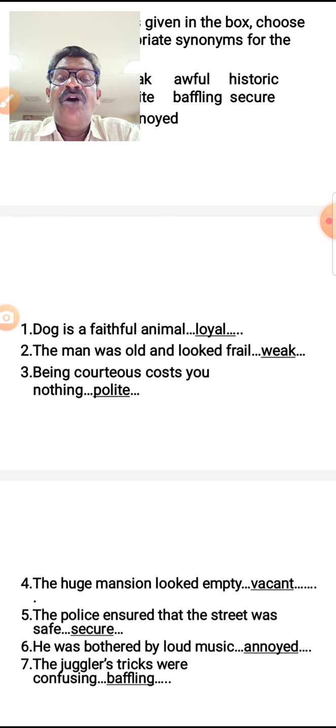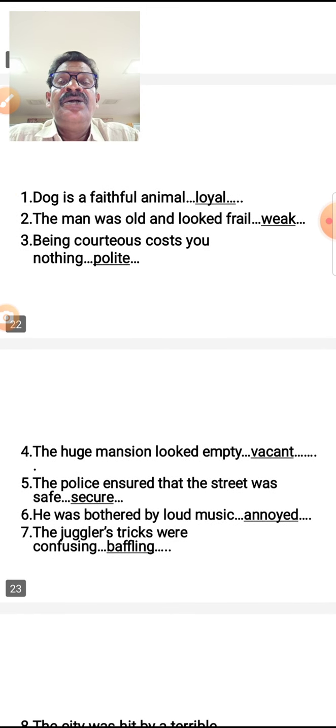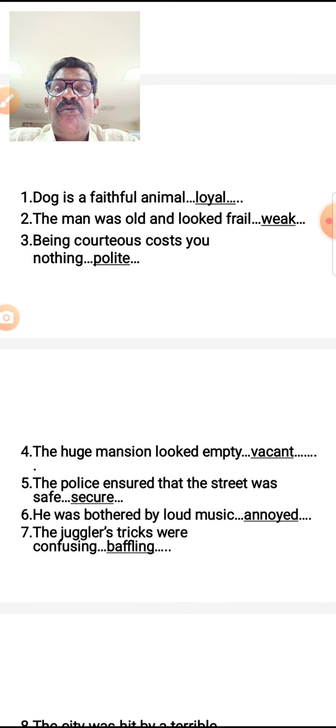So, the synonym of frail is weak. Number 3: being courteous costs you nothing. Here we have to find the exact appropriate synonym for courteous. The appropriate synonym for courteous is polite.